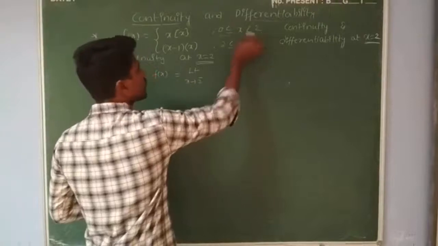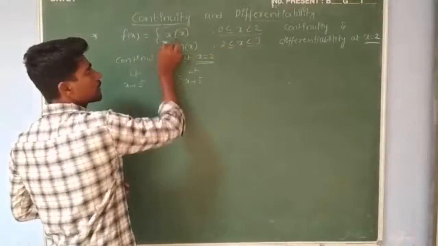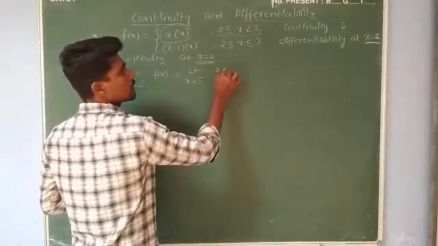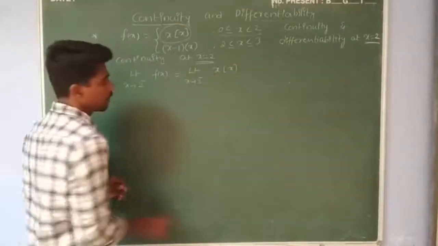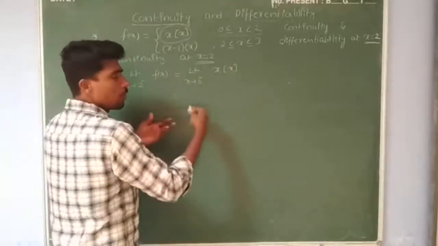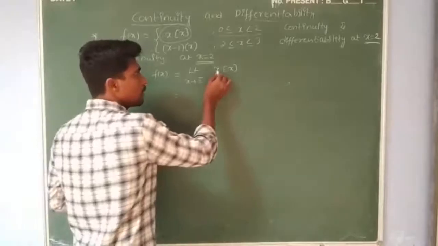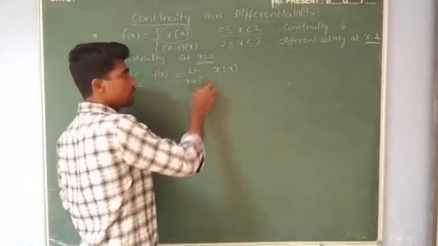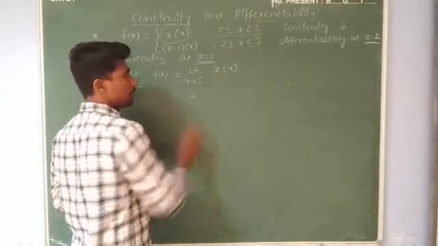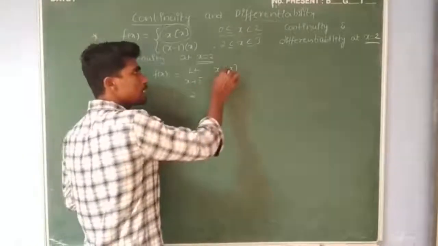So in this interval the function is x step x. Now I have to substitute the value. For x tending to 2 minus, the value of x will be x only.